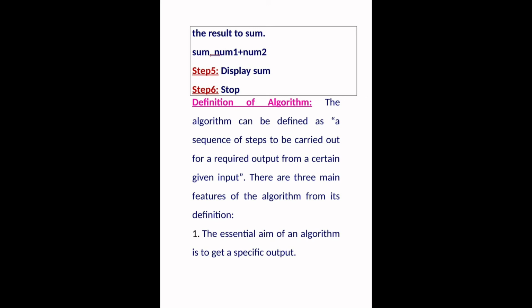There are three main features of an algorithm that we can derive from its definition. First, the essential aim of an algorithm is to get a specific output, a specific result to a problem.